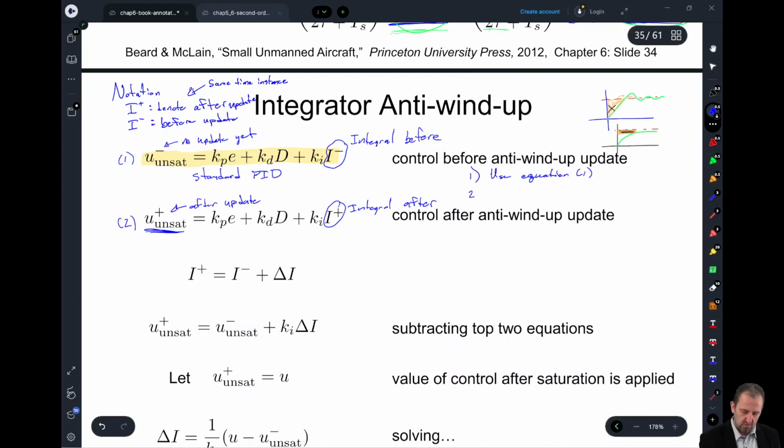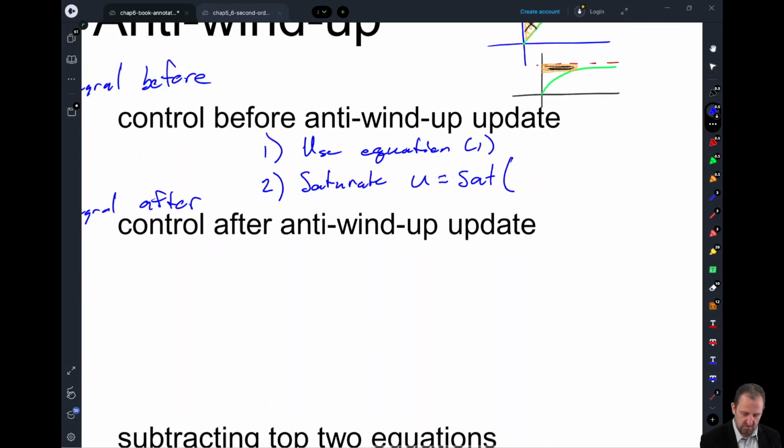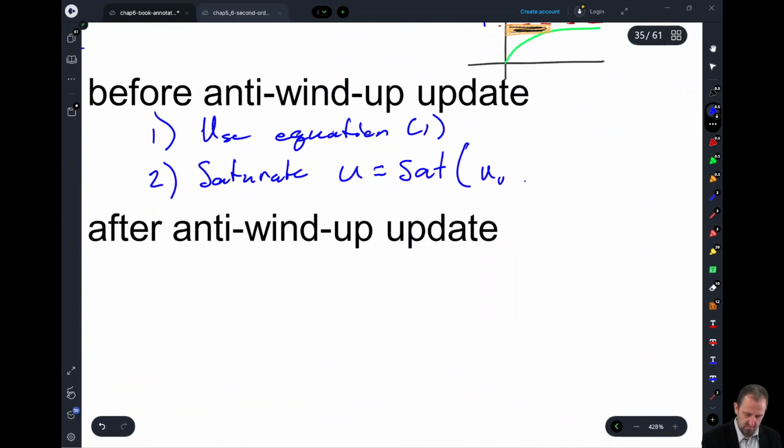And then 2, we saturate our control. We'll allow our actual control to be equal to a saturation function of U unsat minus, with a lower bound and an upper bound.